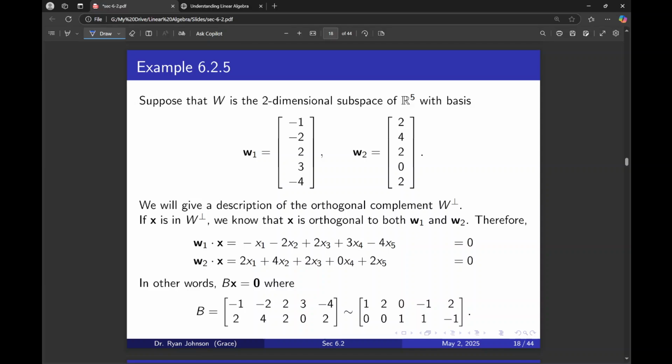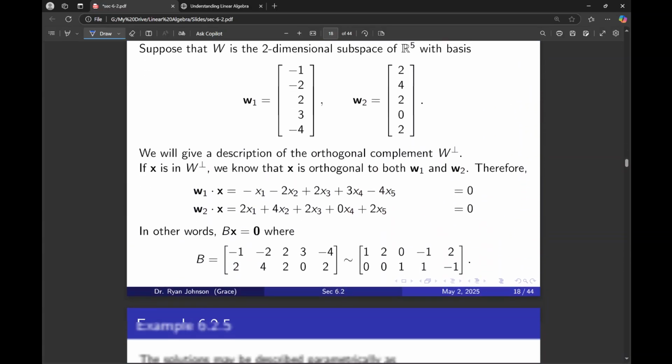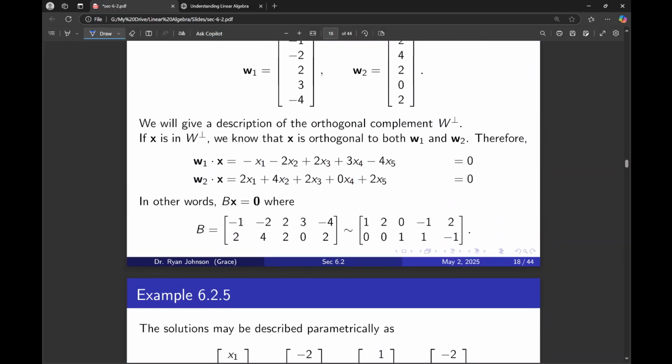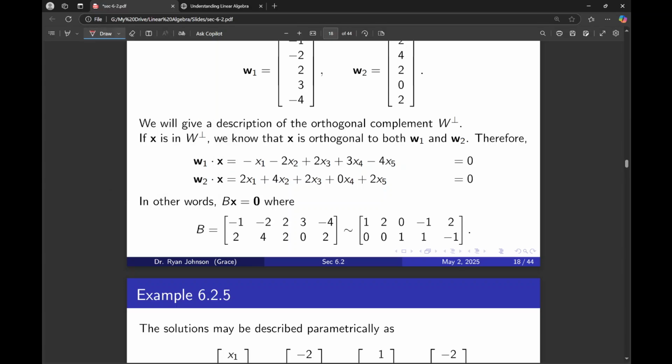In other words, Bx equals 0, where B is the vectors put in as rows, right? And then here's the Gauss-Jordan elimination. And so the solution, if I look at that, let's come up with the Kyle numbers. So help me out here. How does this work? How do we do this again?